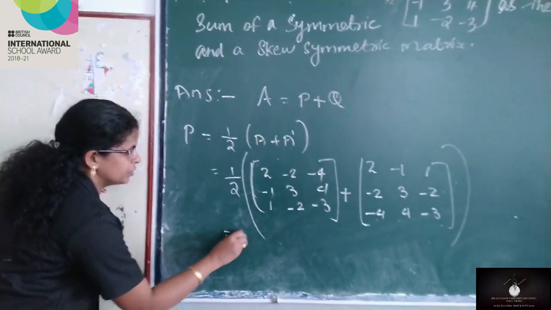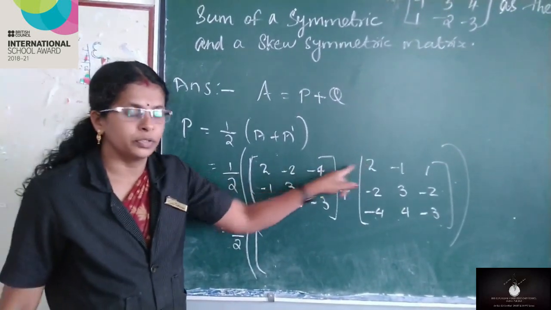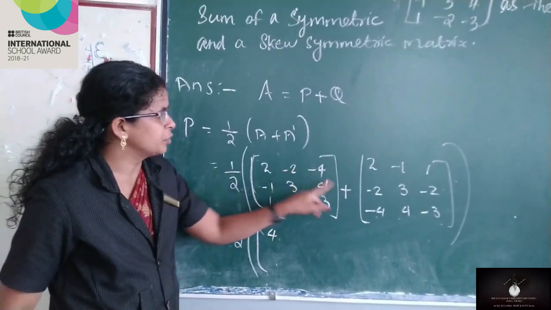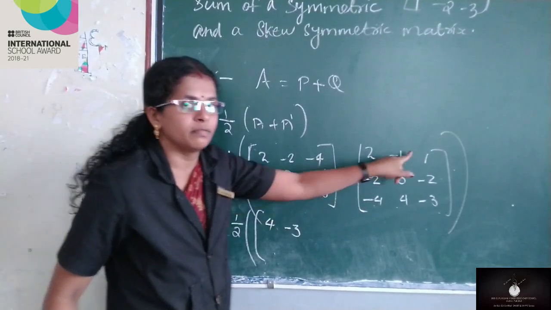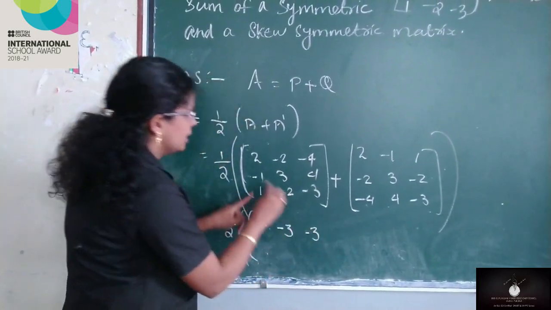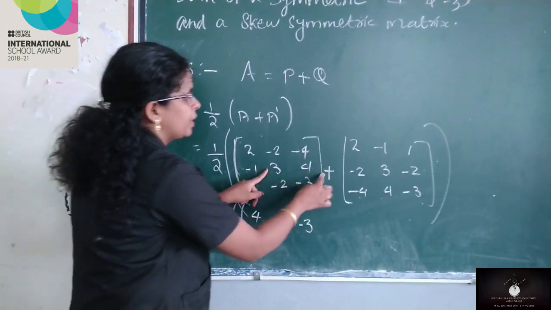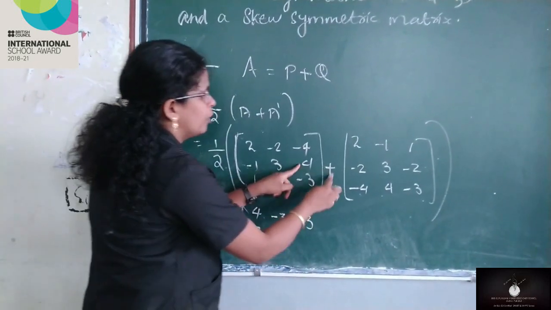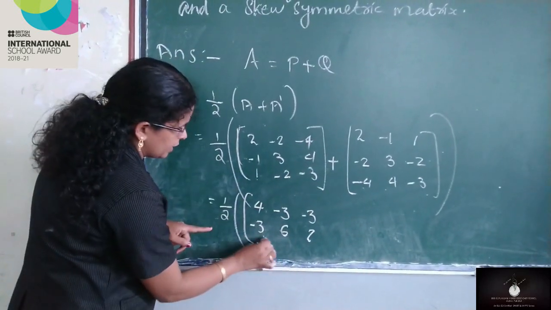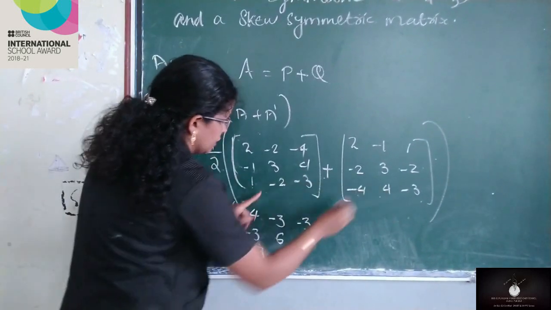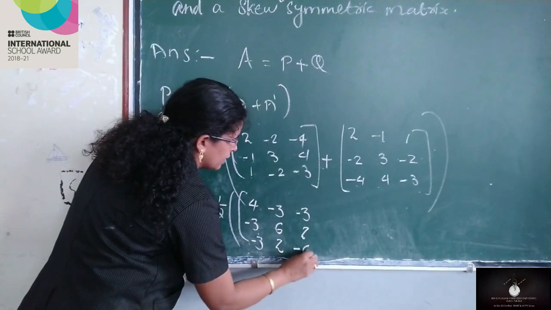Which is equal to 1 by 2 of the matrix: 2 plus 2 equal to 4, minus 2 plus minus 1 that is minus 3, minus 4 plus 1 that is also minus 3, minus 1 plus minus 2 that is also minus 3, 3 plus 3 that is 6, 4 plus minus 2 that is 2, 1 plus minus 4 that is minus 3, minus 2 plus 4 that is 2, then minus 3 plus minus 3 that is minus 6.